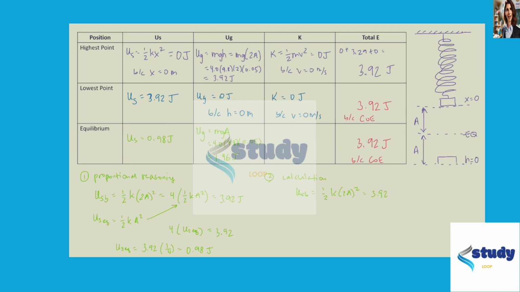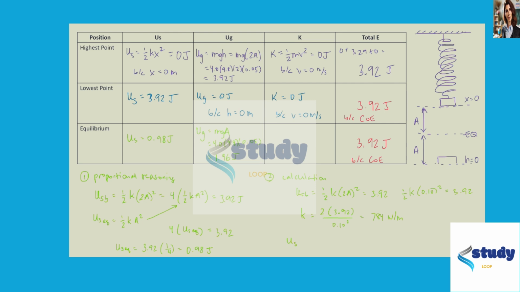And so I would go ahead then and substitute. 1/2 K times 0.10 squared equals 3.92 joules, and I will solve for my spring constant, which is going to be 2 times 3.92 divided by 0.10 squared, which gives me a value of K of 784 newtons per meter.